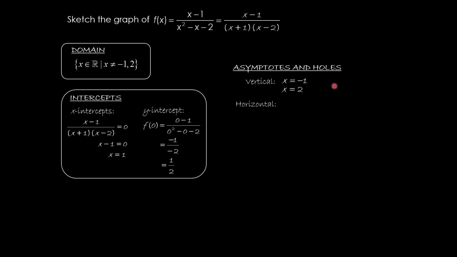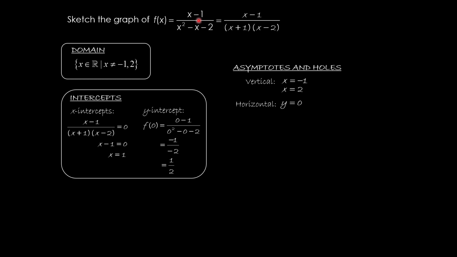Now, for horizontal asymptotes, we need to compare the degree of the numerator of our function to the degree of the denominator. In the numerator, we have a degree 1 polynomial. In the denominator, we have a degree 2 polynomial. And since the degree of our numerator polynomial is lower than the degree of our denominator polynomial, we're going to have a horizontal asymptote of y equals 0.